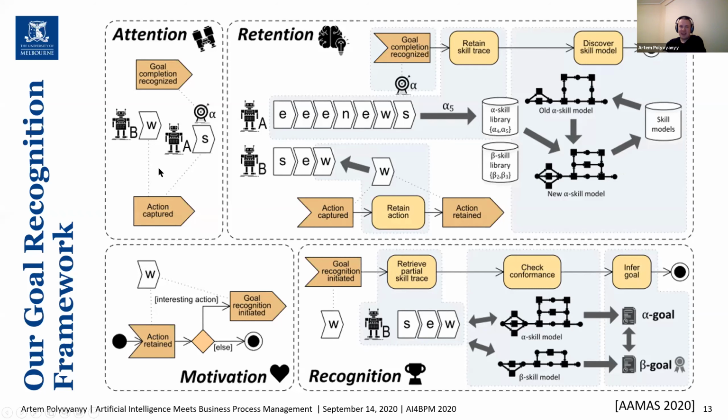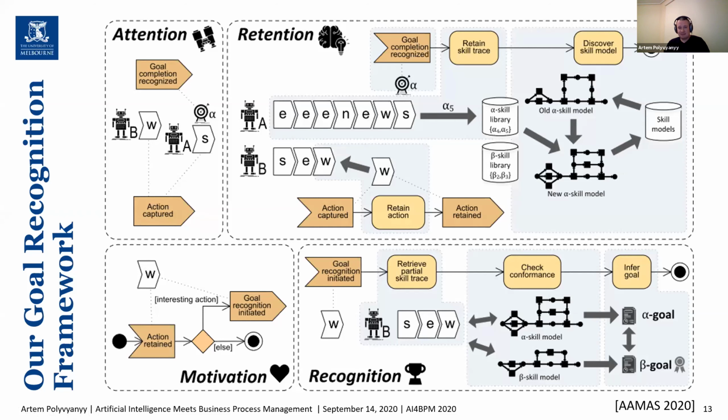And each of these phases has certain workflows that recreate the behavior that should take place in that phase. This framework is defined from the point of view of an intelligent agent that observes and learns from agents around.